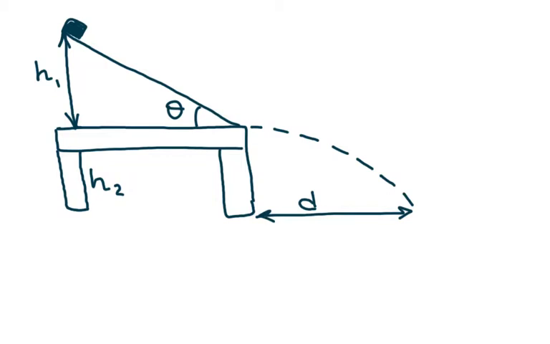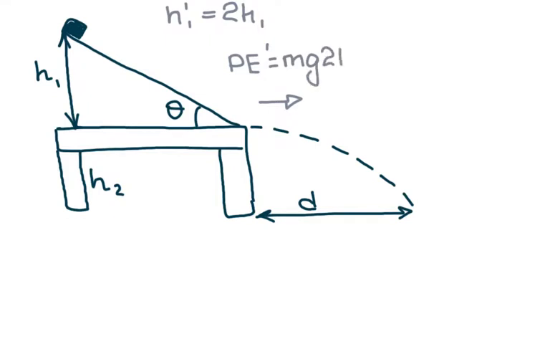If the new h1, h1 prime, is twice the original h1, then the velocity right here at the end, without friction, all the potential energy would turn into kinetic energy. So your new potential energy would be equal to mg times 2h1, and would turn into the new kinetic energy, 1/2 m v squared, and that would be this velocity.